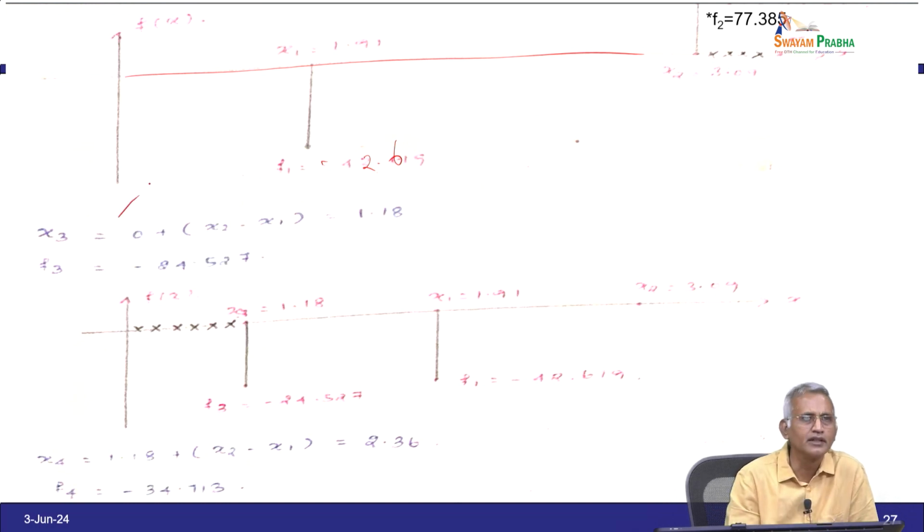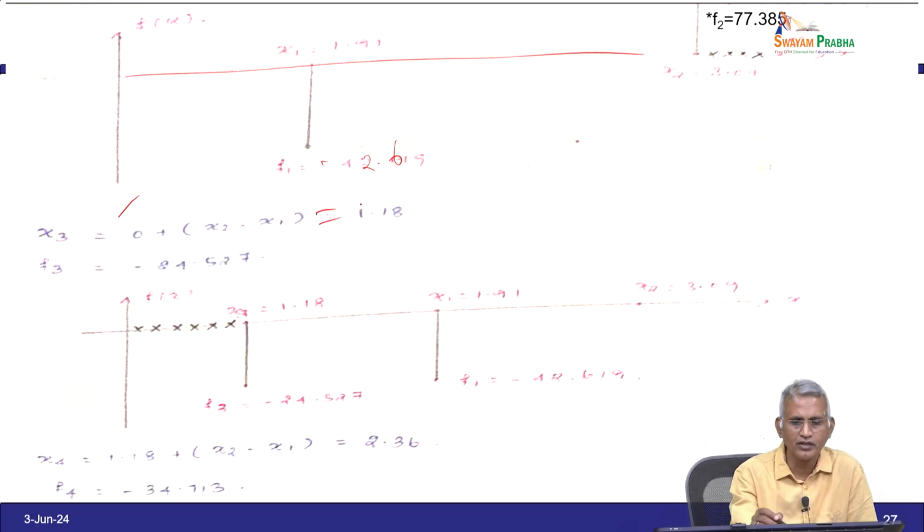Therefore, the rule is x3 equal to 0 plus x2 minus x1, x2 is 3.09 minus x1 is 1.91.